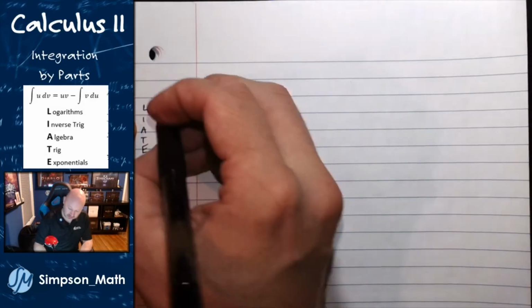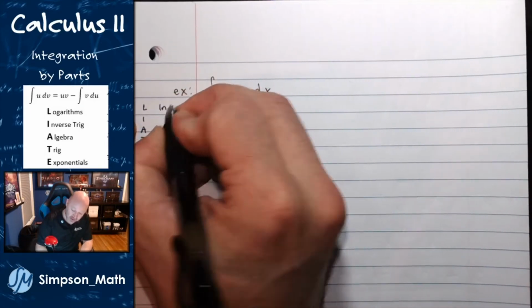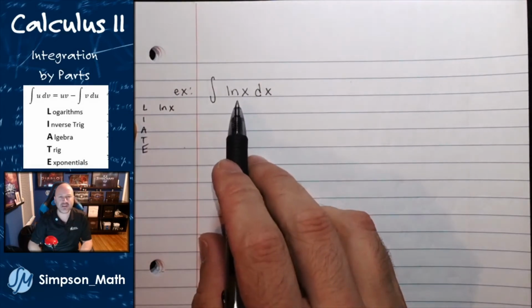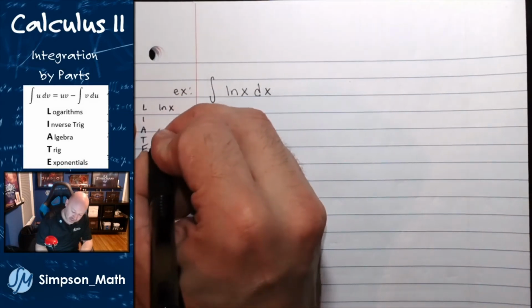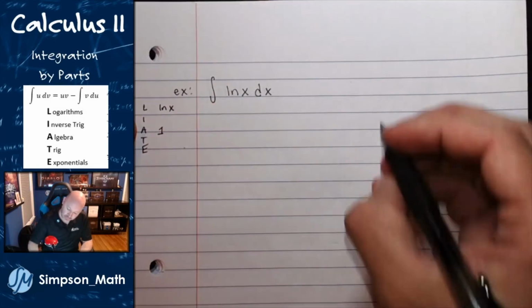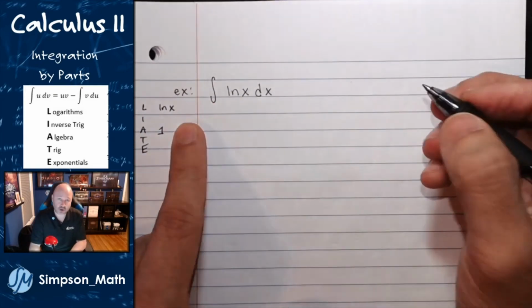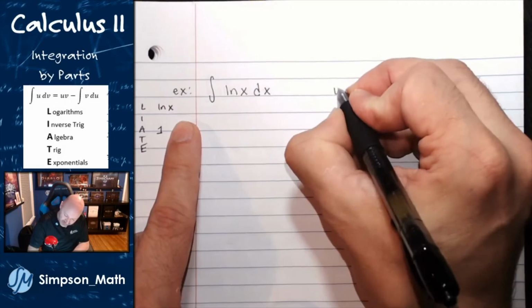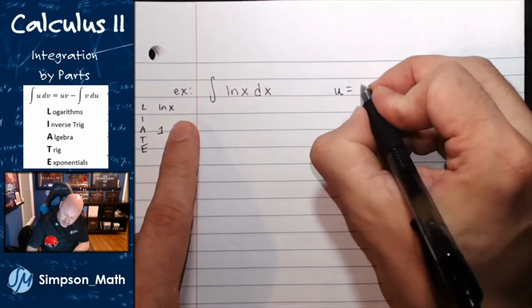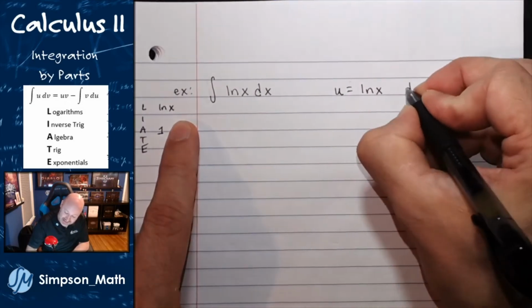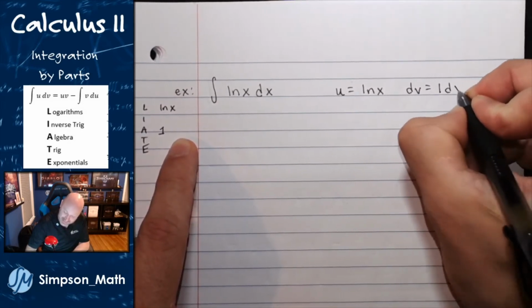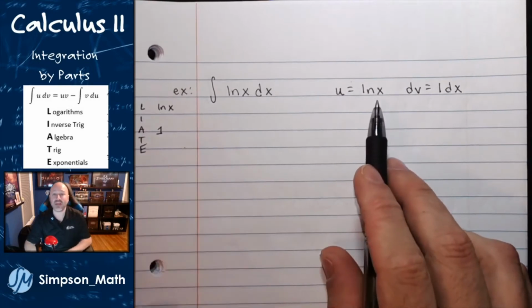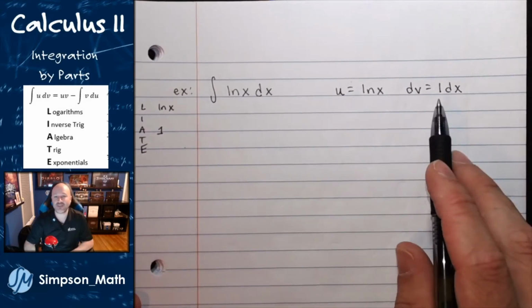ln of x is clearly first as a logarithm. And then if I say this is being multiplied by 1, maybe that's algebraic. I'm going to just see if this works. I'm just fumbling around here. But if I let u be the natural log of x and dv equal 1 dx, then I can find du and I can find v.